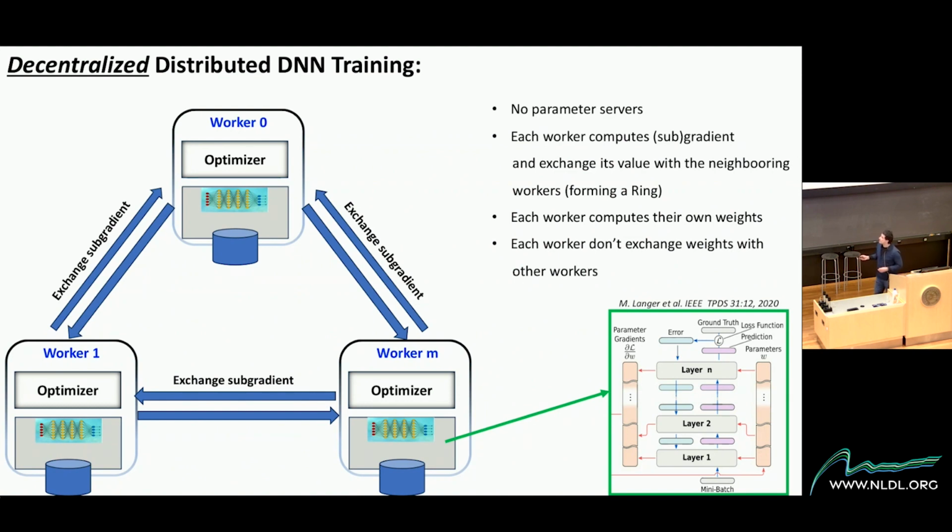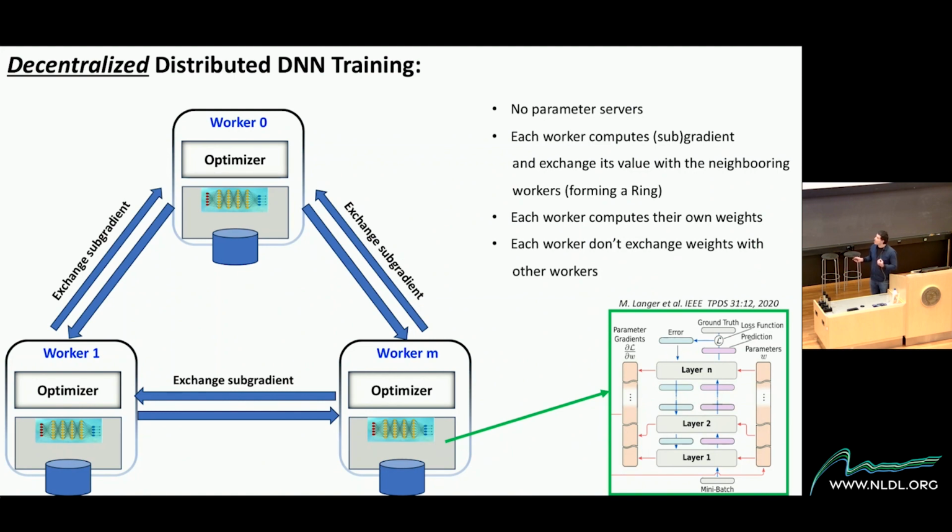In this case, first of all, you can see there are no servers. You have only workers, worker 0, worker 1, worker 2, and so on. Now in this picture, each worker is going to compute its own subgradient. And then this worker will exchange the value of its gradient with the neighboring one.